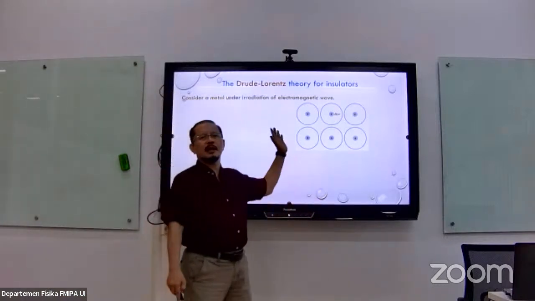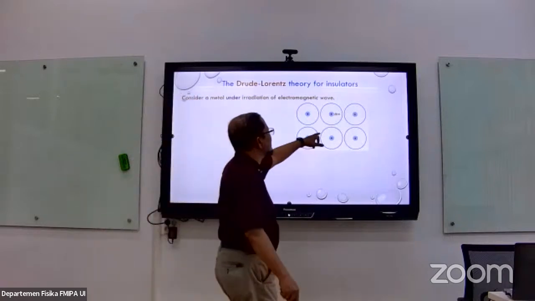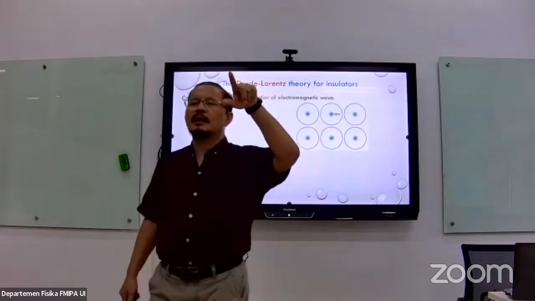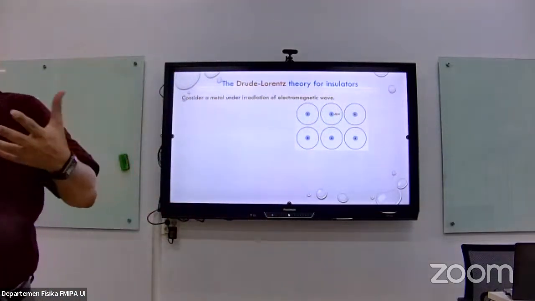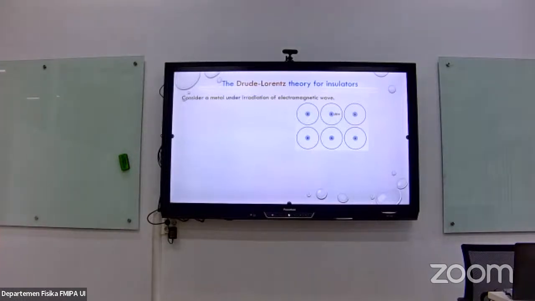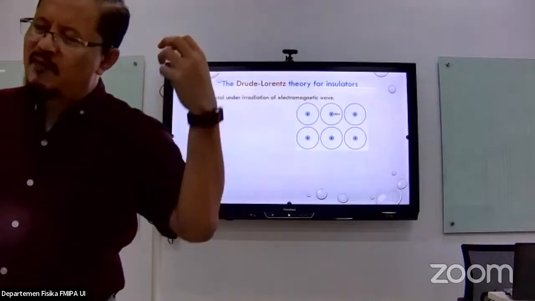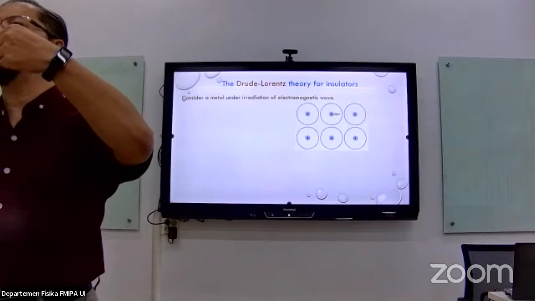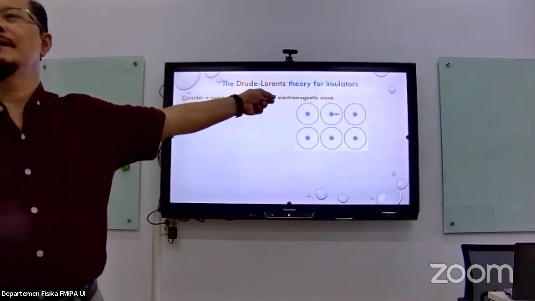Imagine that we have the atoms. Of course we have many electrons, but I just show one electron, for instance. So every electron that is bound to the nucleus can be viewed in a very simple way, as if it's tied to the nucleus through a spring like that.